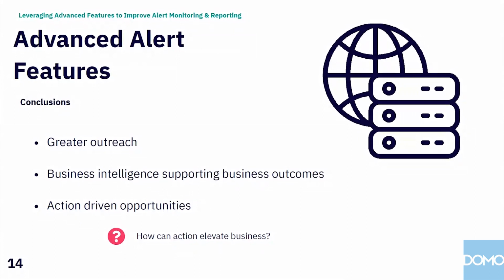But once you've established alerts or information that you want to make people aware of, the possibilities are kind of endless on the ability to take that to the next step and make more people aware of it more quickly.